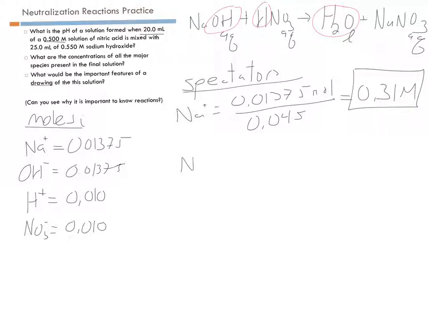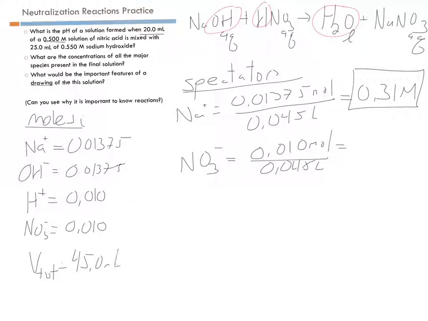The spectators are not reacting. They are being diluted. So the nitrate is 0.01 moles, 45 milliliters. Our total volume, it's good to keep track of, was 45 milliliters. That gives us a nitrate of 0.22.